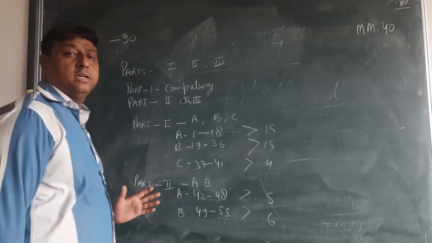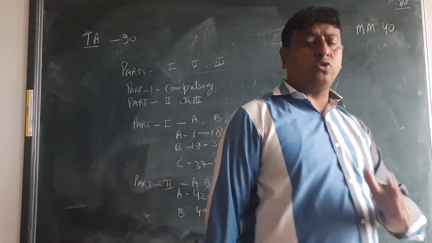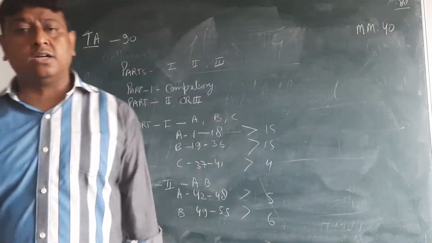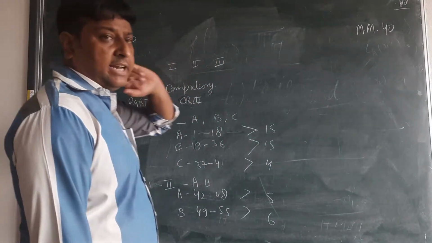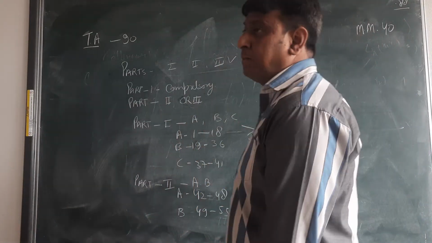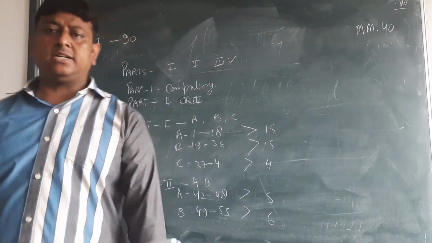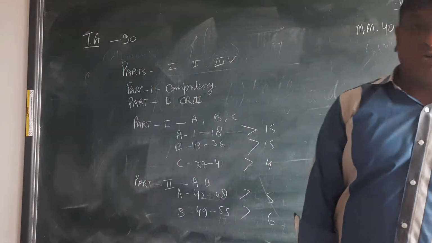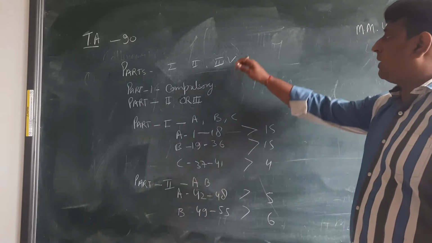First, you have to know that your paper comes in 3 parts: first, second and third. The first and second parts are related to accountancy, but the third part is related to computer. Some students take computer in accountancy as the third part.